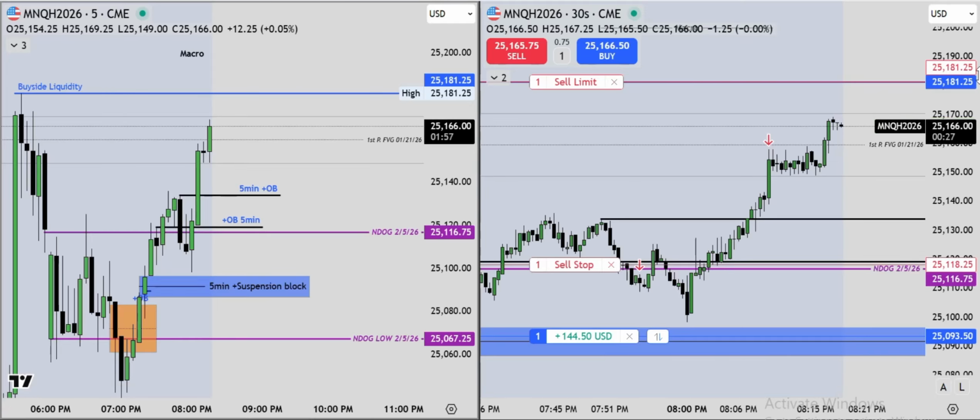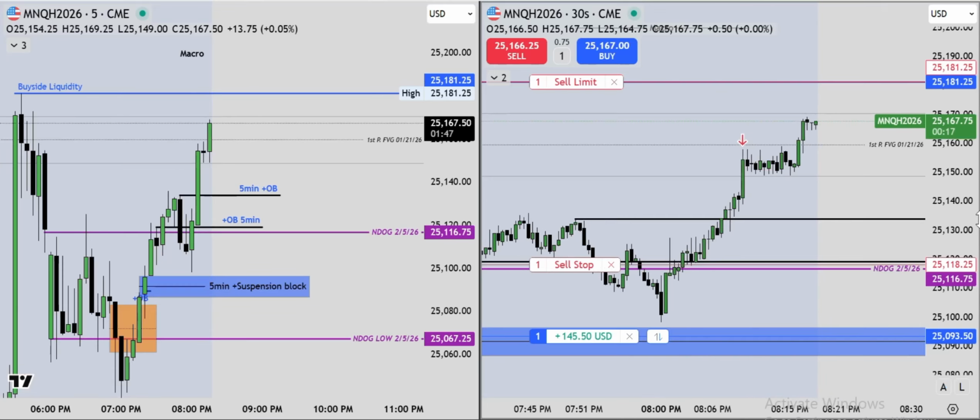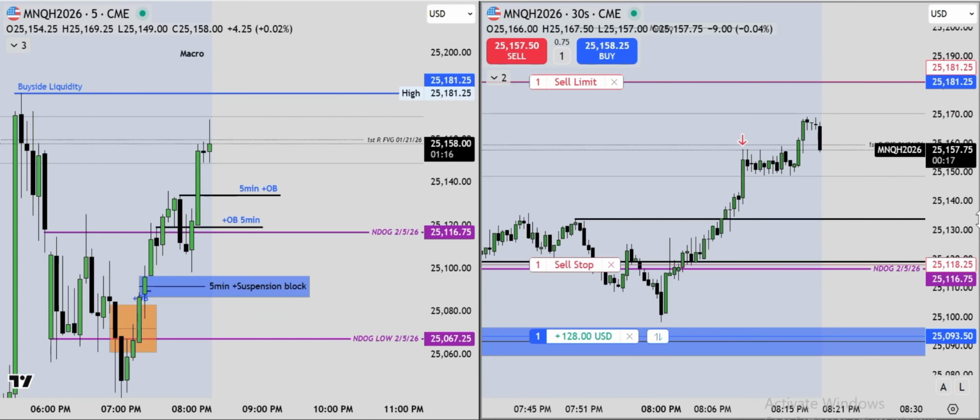On the 30-second to the right here, there are two bullish fair value gaps that are stacked right on top of each other. I like that. But then we get this large displacement candle that closes both of them. And I don't want to see that.